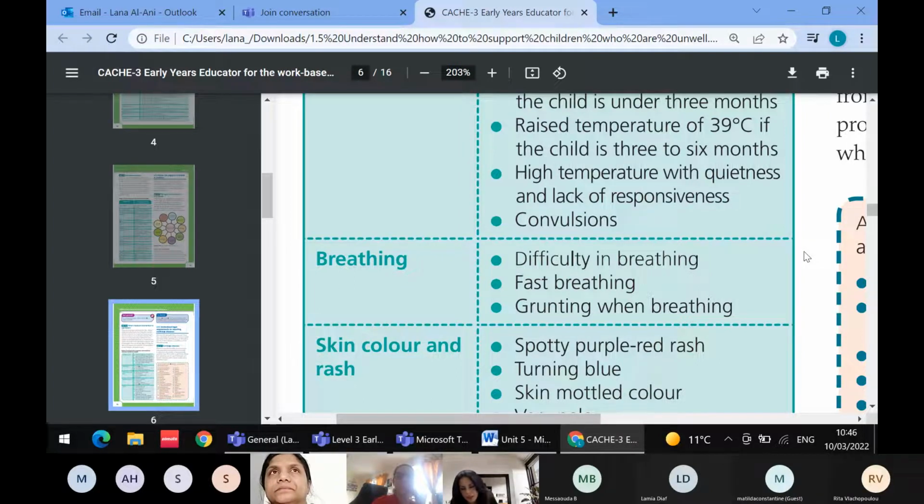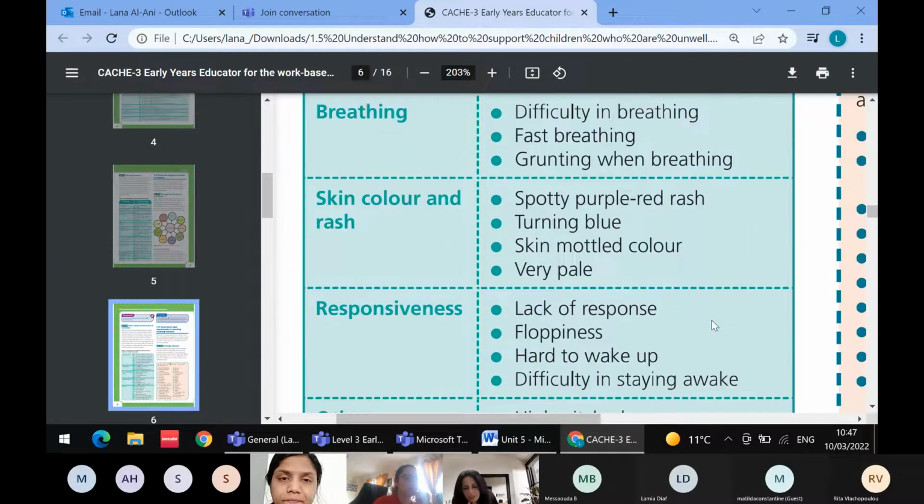Also, the breathing. If there is a sudden difficulty in breathing, they either have faster breathing or a very congested chest, then we have to call the ambulance or ask for medical attention.